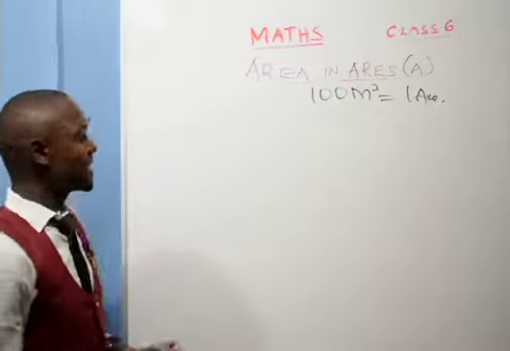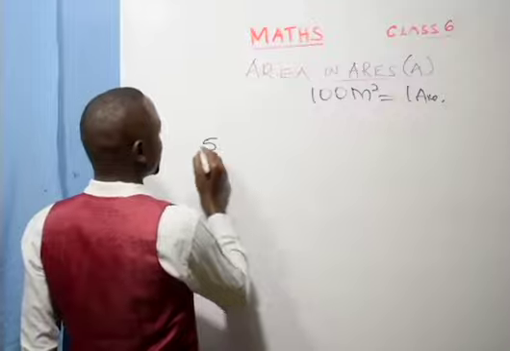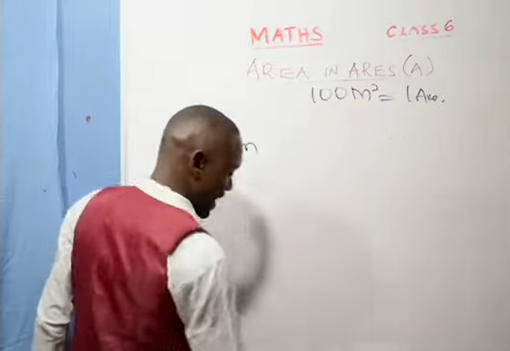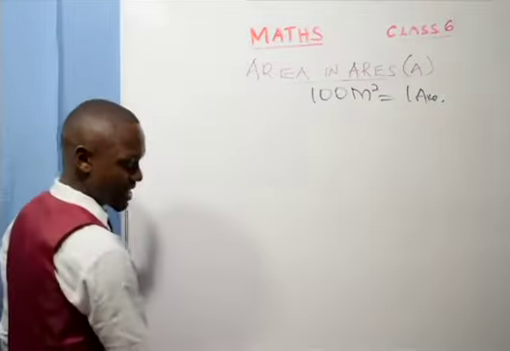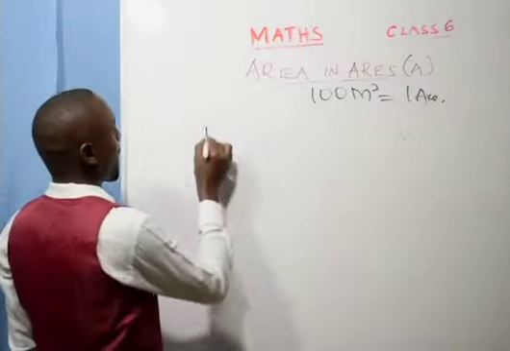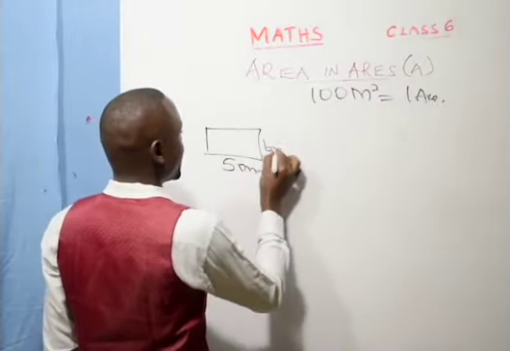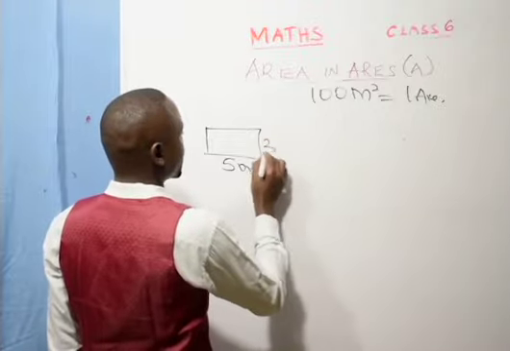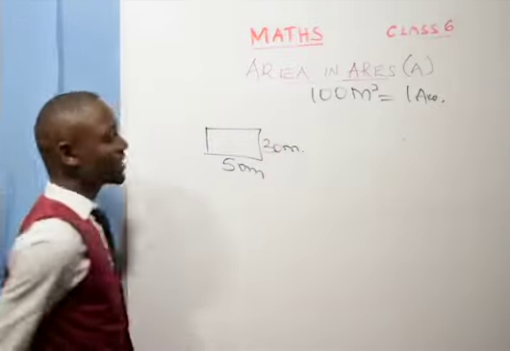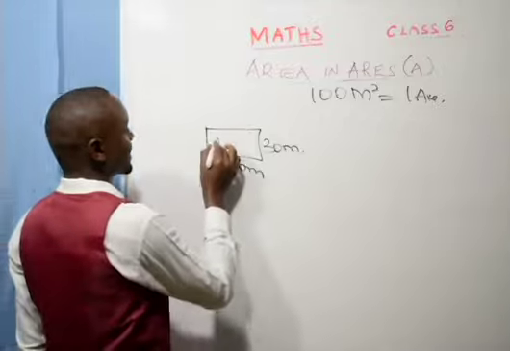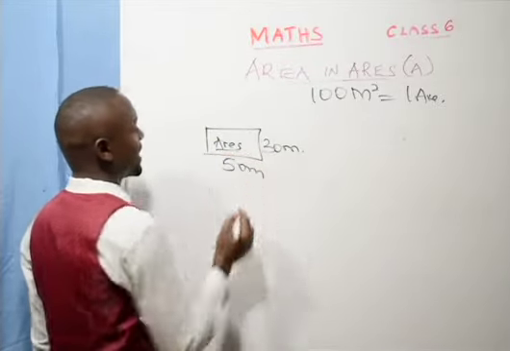A rectangular piece of land measures 50 meters by 30 meters. What is its area in ares?